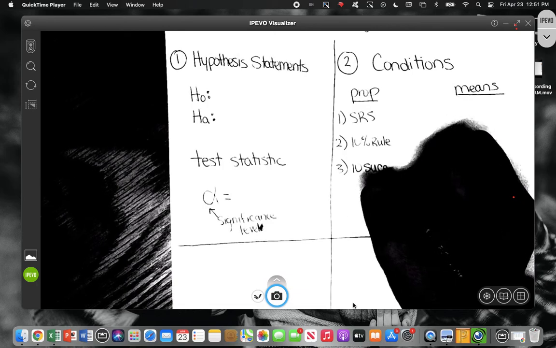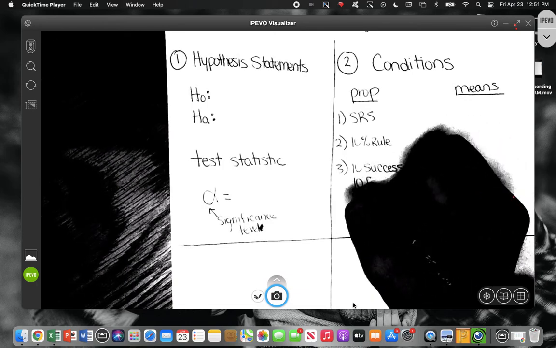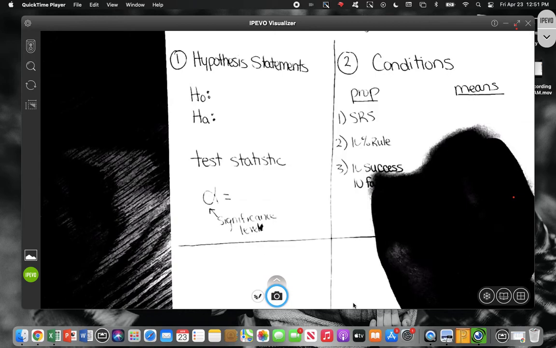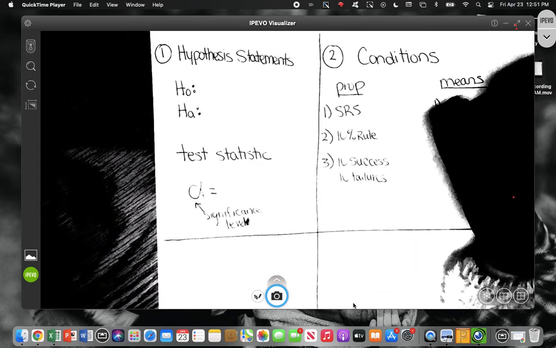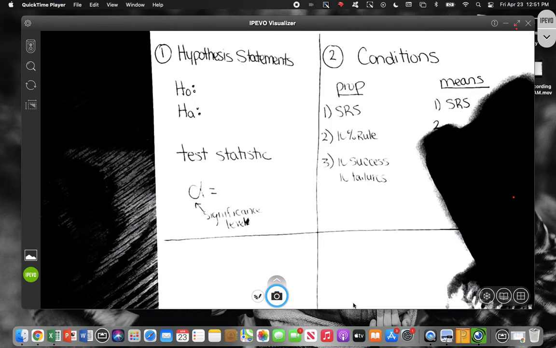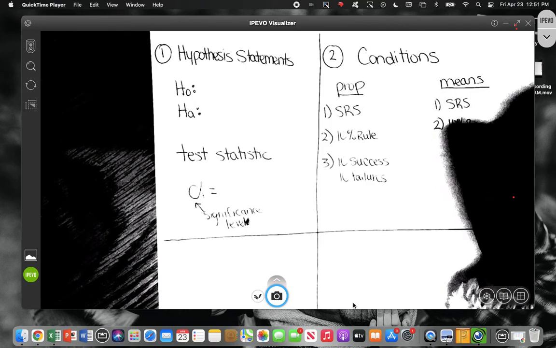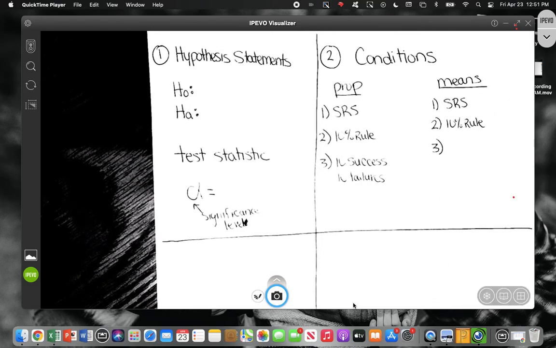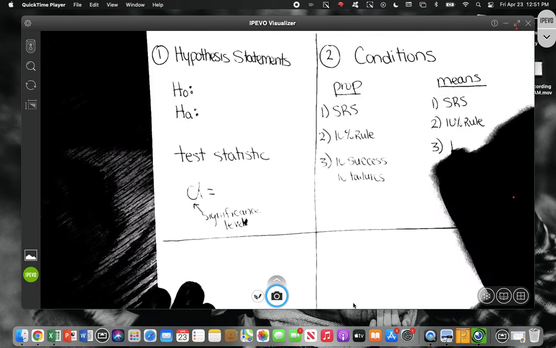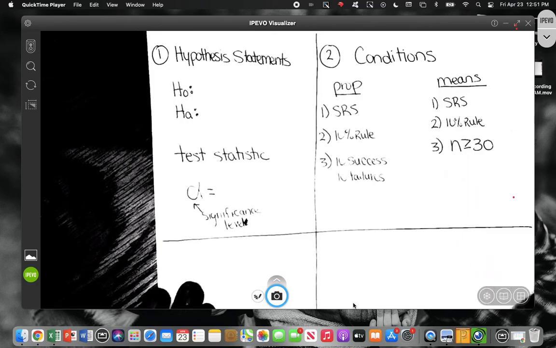Yep, 10 successes and 10 failures. Now with means, you still do the simple random sample and the 10% rule. But instead of 10 successes and 10 failures, what do we check on means? The sample size, and what do you want it to be bigger than? 30. Yep, it's got to be at least 30.